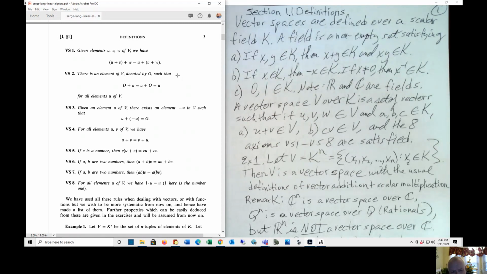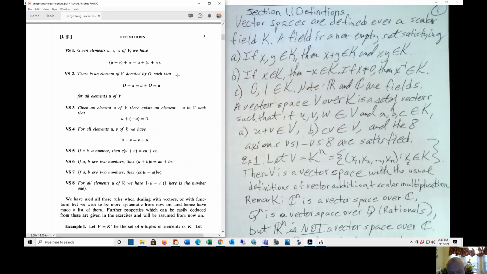Or number 7, if you have 2 scalars, a and b, times vector v, it doesn't matter where the scalars are, they can go anywhere you want them to go. But number 8, last but not least, and is very important. For all vectors u and v, the scalar 1 times the vector u is equal to the vector u.